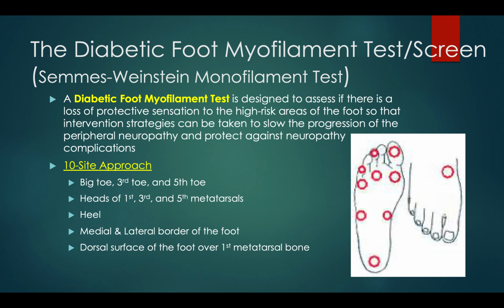If we can identify this, then intervention strategies can be developed and put in place to slow the progression of the peripheral neuropathy and to protect against the complications of that neuropathy.